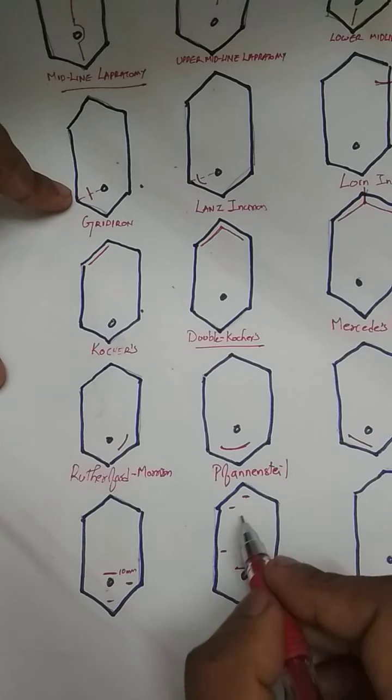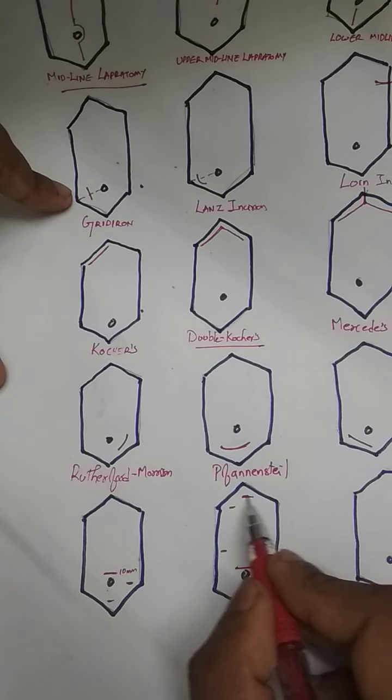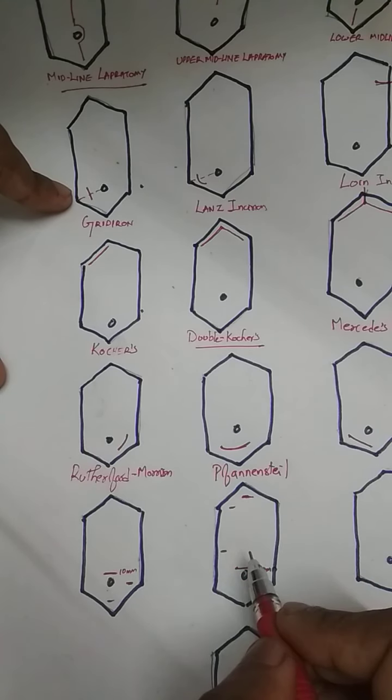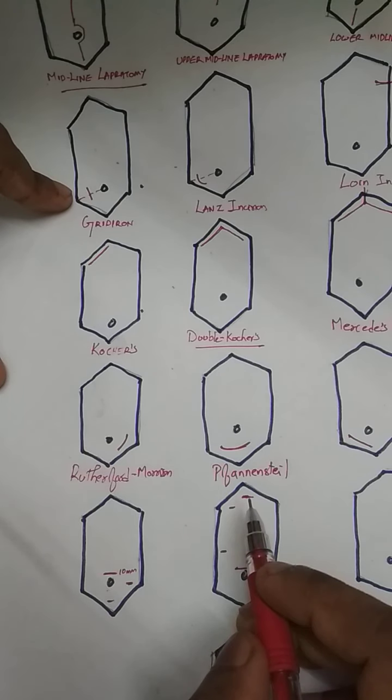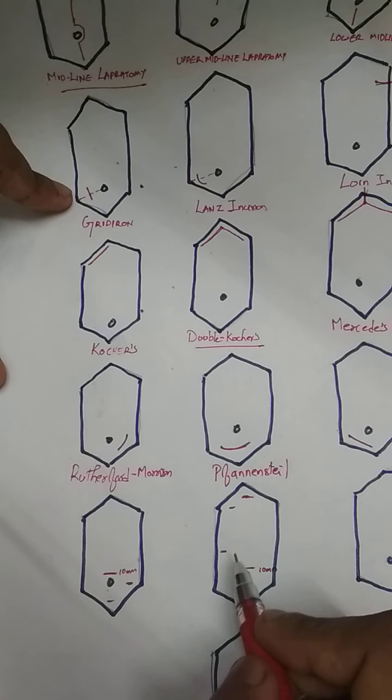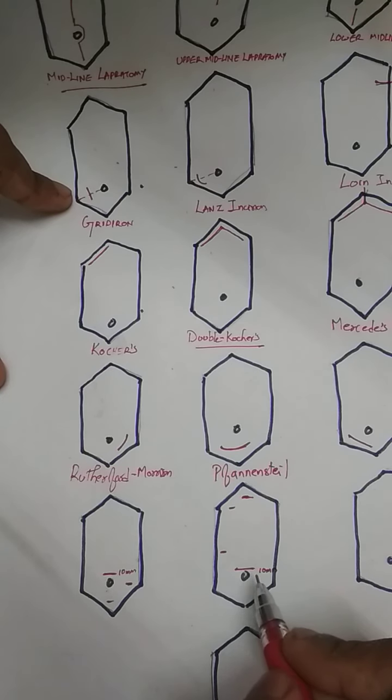The epigastric incision would be 10 millimeter in length. The other 2 incisions would be 5 millimeter in length, and the main supraumbilical paraumbilical incision would be 10 millimeters in length.